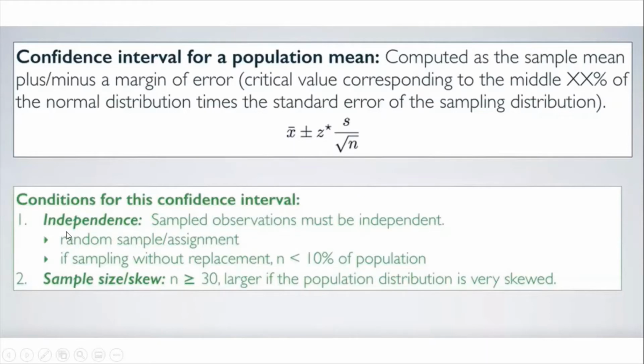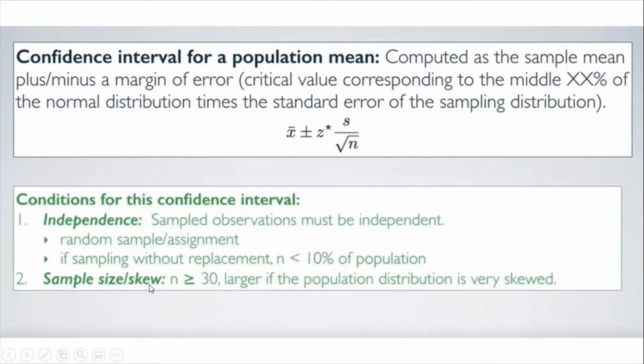You can check this with two statements. First, a random sample: if they use random sampling or random assignment, then observations are likely to be independent. Second, if sampling without replacement, the sample size must be less than 10% of the population. This is the independence assumption.